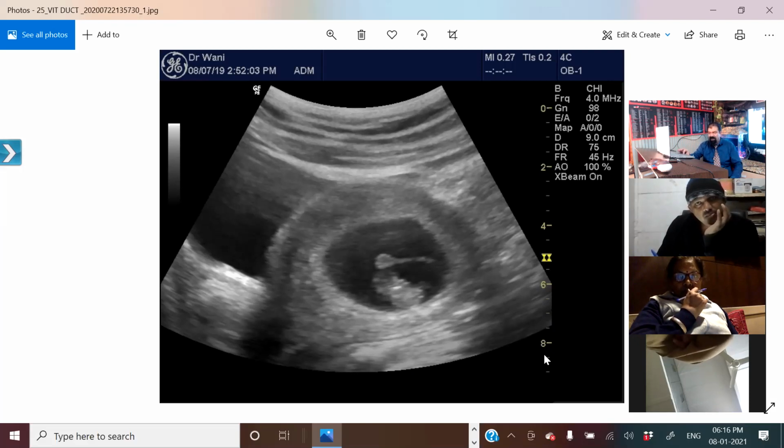Why? Because with increase in the depth, the frame rate will drop. I am repeating, with increase in the depth, the frame rate will drop. So this is the optimal depth over here. How much should be the depth? That is discussed in the class. So this is the depth, and this is the focal zone, which is near the area. This is my interest. That is why I am even seeing the vitelline duct over here.